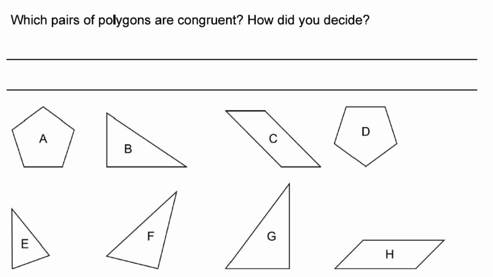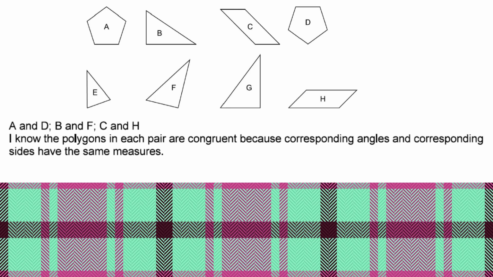For the next question, it states, which pair of polygons are congruent and how did you decide? Okay, here, after careful review of the shapes, you can see that A and D are congruent. They match. You might even think about them being identical.